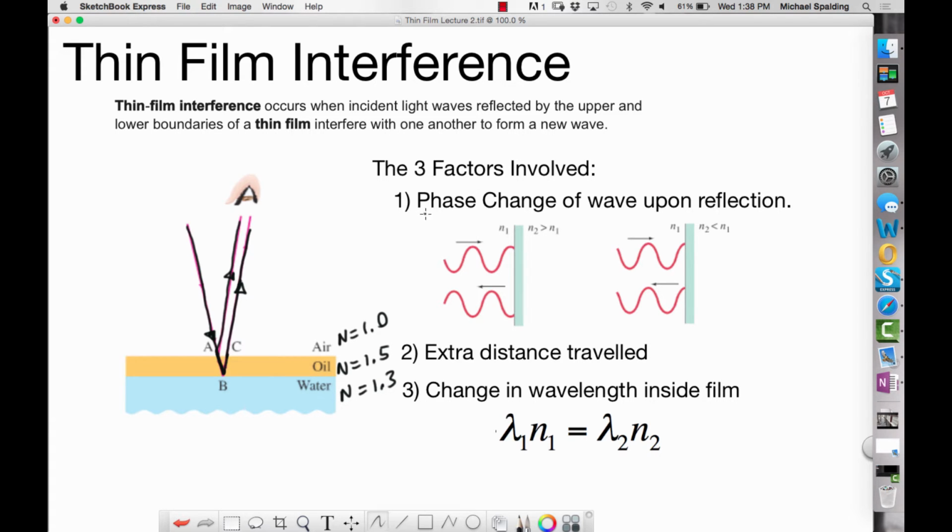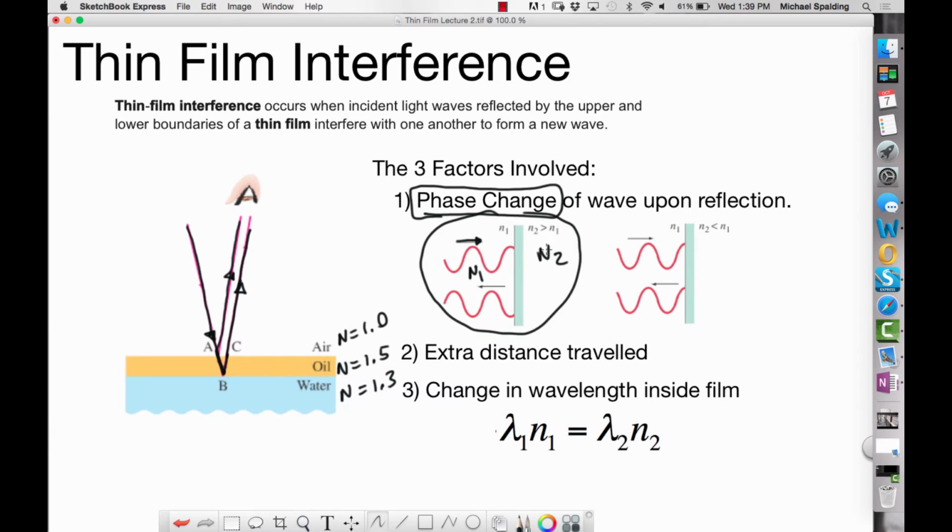Now first off, what do I mean by a phase change? A phase change is when a wave goes from a peak to a trough, or a trough to a peak. So this diagram right here is showing a wave coming in to this boundary. N2 is this side and N1 is this side.